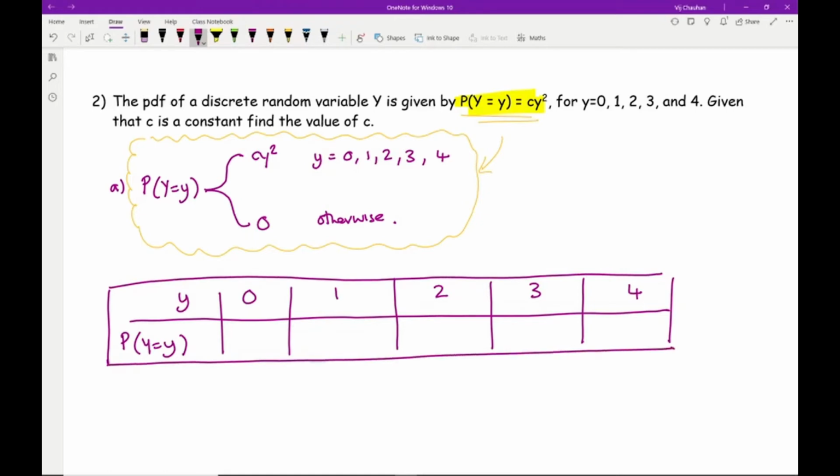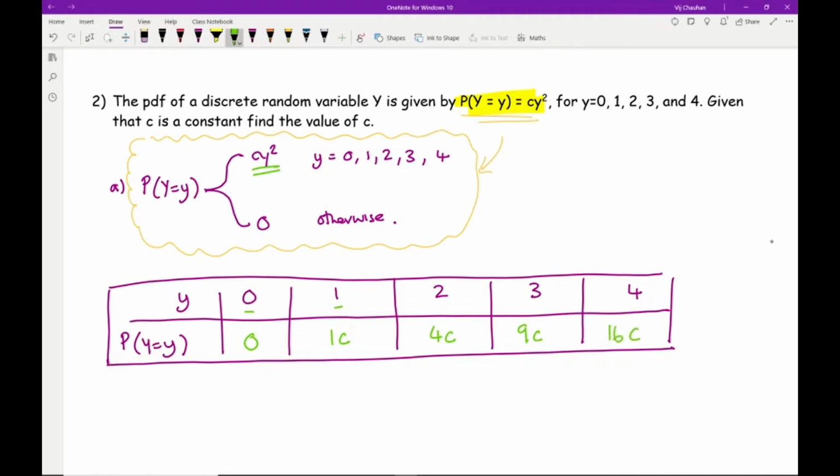What we're going to do is substitute the y values into this function to find out what the probabilities are. So here I'm going to have 0 squared c, so that's just 0, 1 squared c, so that's just 1c, 2 squared is 4, so that's 4c, 3 squared is 9, so that's 9c, and 4 squared is 16, so 16c, like so.